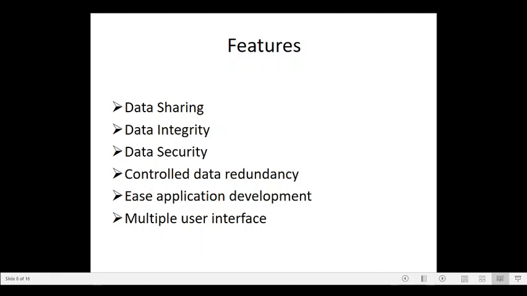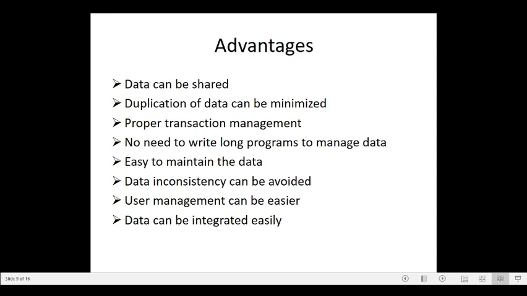Now let's move on to the advantages of this database management system. Most of the characteristics include the advantages. Let us discuss. The database management system provides the facility to use the same data with different applications and different users, so data can be shared, and it minimizes the duplication of data.